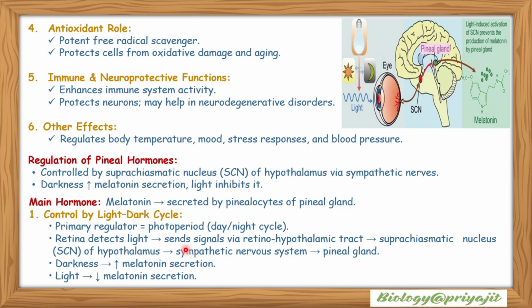The retina detects light and sends a signal via the retino-hypothalamic tract. It also influences the suprachiasmatic nucleus or SCN of the hypothalamus, which promotes the sympathetic nervous system, and ultimately it will influence the pineal gland. During darkness, melatonin secretion is increased, and in the presence of light, melatonin secretion is lower.